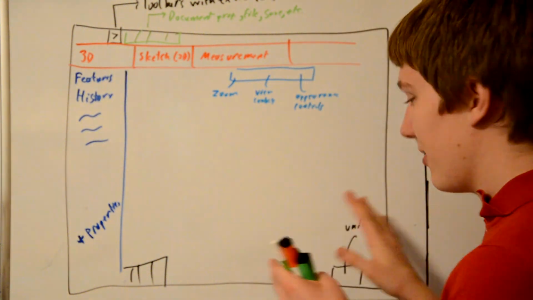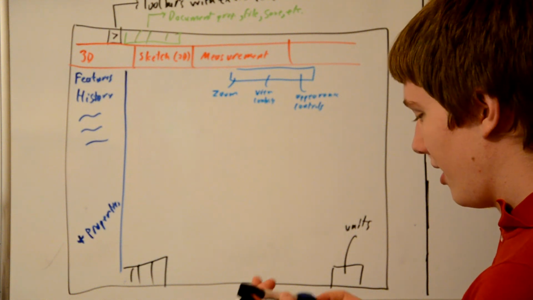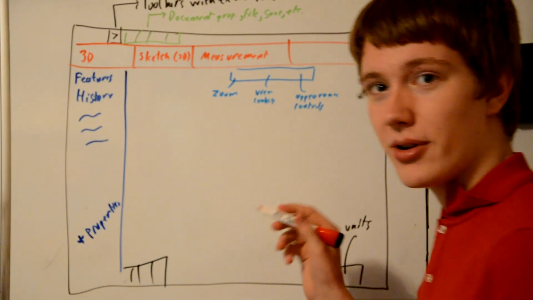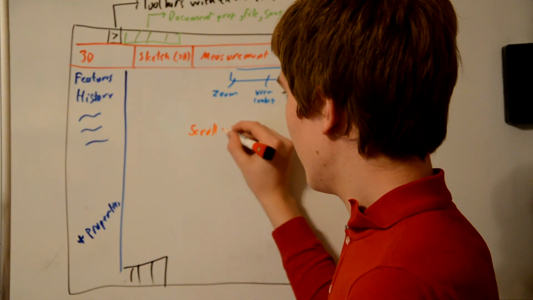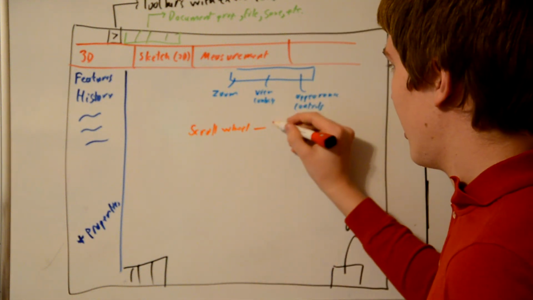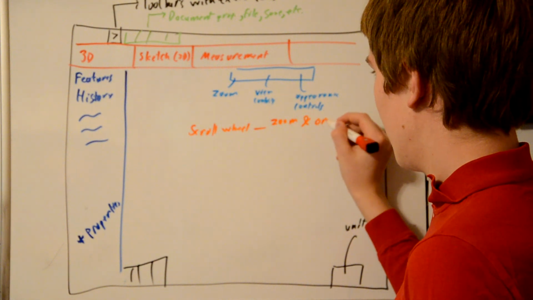We'll go ahead and leave this up, but what I'm going to do is, in a separate color here, I'm going to say that the scroll wheel on a general mouse controls zoom and orbit.